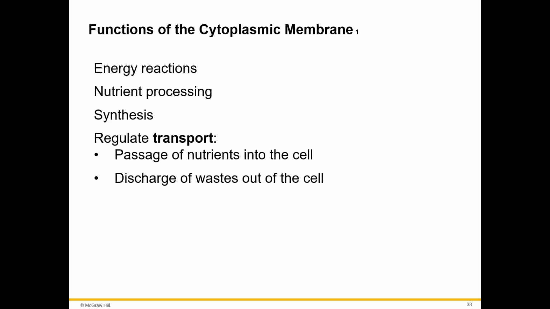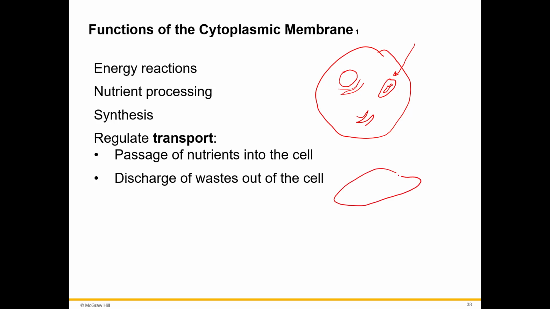Energy reactions. So if you recall, a eukaryotic cell has a nucleus, the endoplasmic reticulum, Golgi apparatus, and then they have mitochondria inside of them. And mitochondria are the energy centers of the cell. If you recall, a prokaryotic cell has some ribosomes, some genetic material that's coiled up on the inside, and that's basically it.